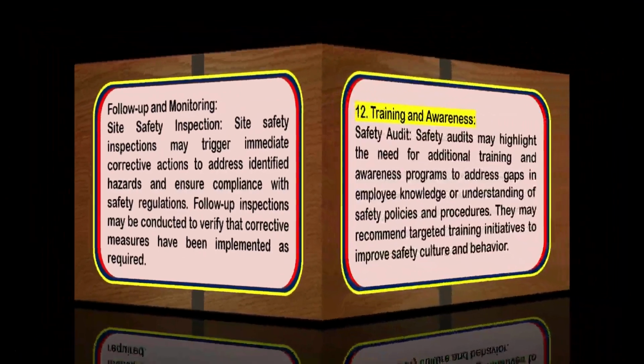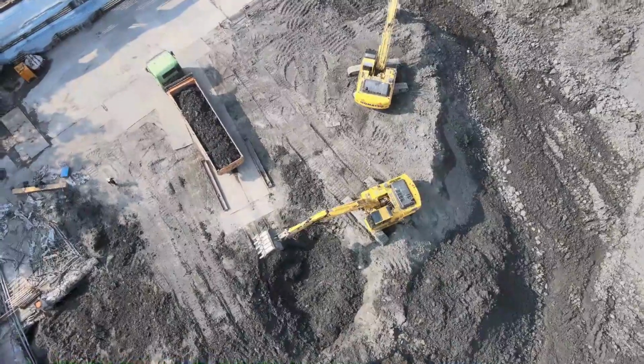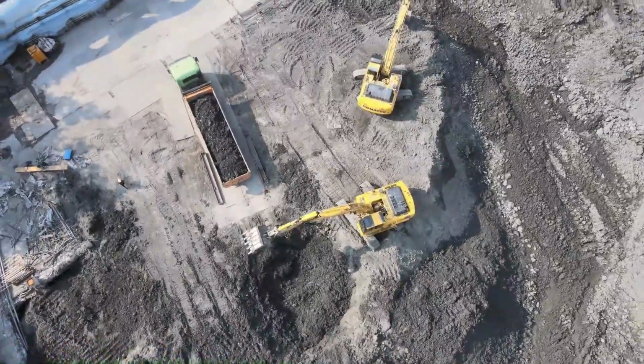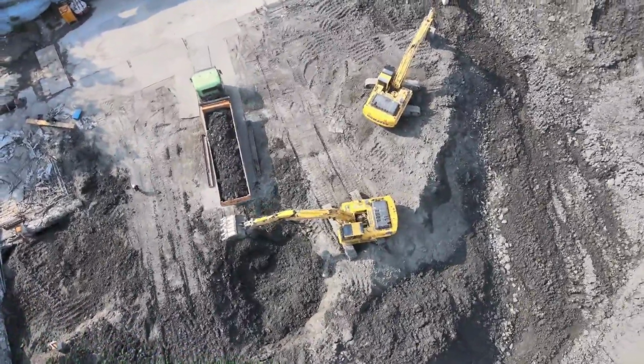The last point, number 12, training and awareness. Safety audits may highlight the need for additional training and awareness programs to address gaps in employee knowledge or understanding of safety policies and procedures.